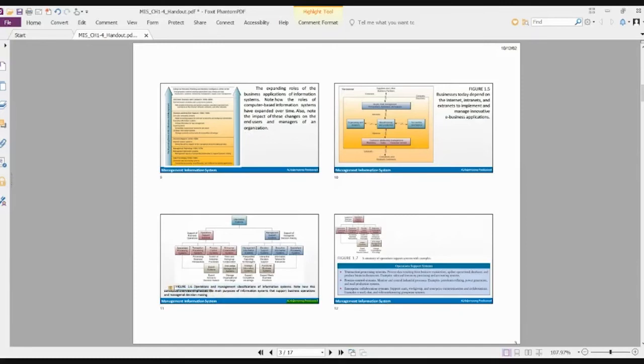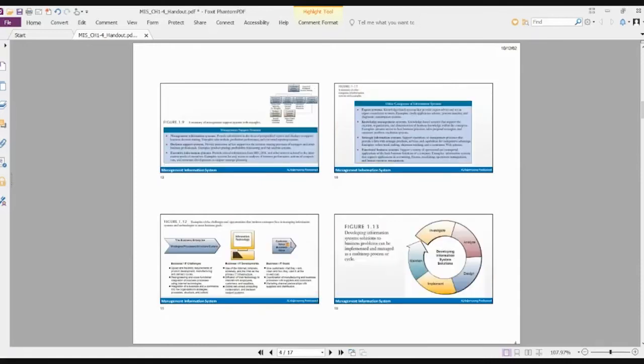Here, the operation management system. The one thing that I want you guys to understand here is how to develop information system solutions to business problems, which can be implemented and managed in a multi-step cycle: how to investigate, how to analyze, how to design, how to implement, how to maintain, and how it becomes a cycle.